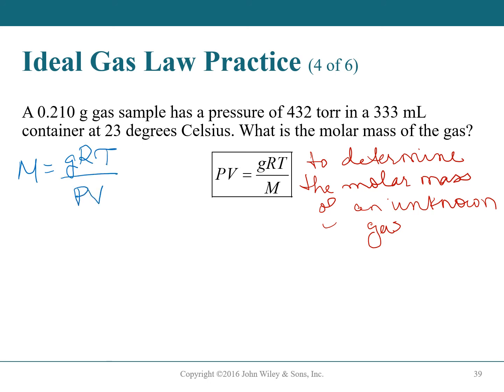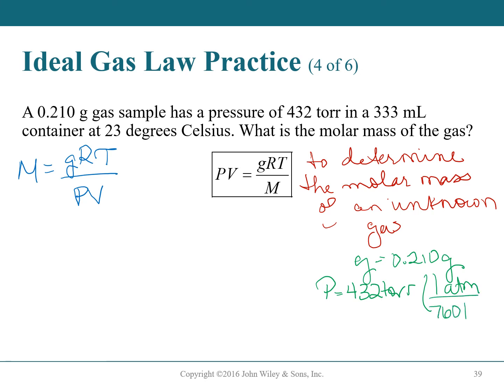All right, so let's go ahead and get our variables. The mass is 0.210 grams. That's good. The pressure needs to be in atmospheres. So my pressure, which is 432 torr, when we convert, we know that 1 atmosphere is 760 torr.